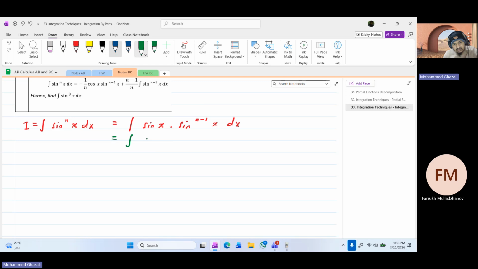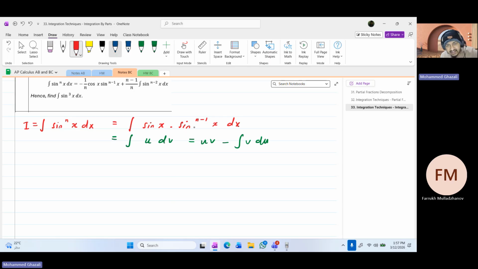So now, obviously, this is in the form integral of u dv is equal to uv minus integral of v du. Now we need to choose our u and dv wisely. So let u equal to sine inverse x.